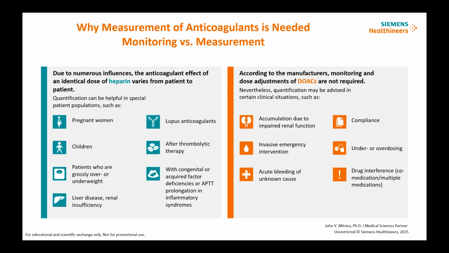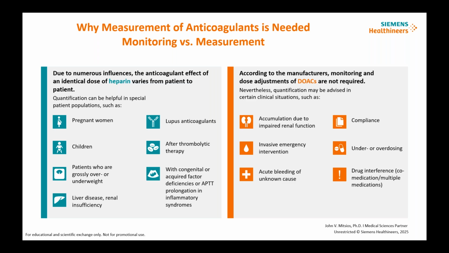Acute bleeding for unknown cause. Depending on where we're taking the blood sample, is it at a peak or a trough? Knowing that the concentration is within that expected range. But that also is very challenging just because there's a lot of inter and intra variability with respect to patient's responsiveness and to the patient's concentrations for both peak and trough. And I'll show that in the next few slides when we see that there's a tremendous amount of variability for different clinical indications.